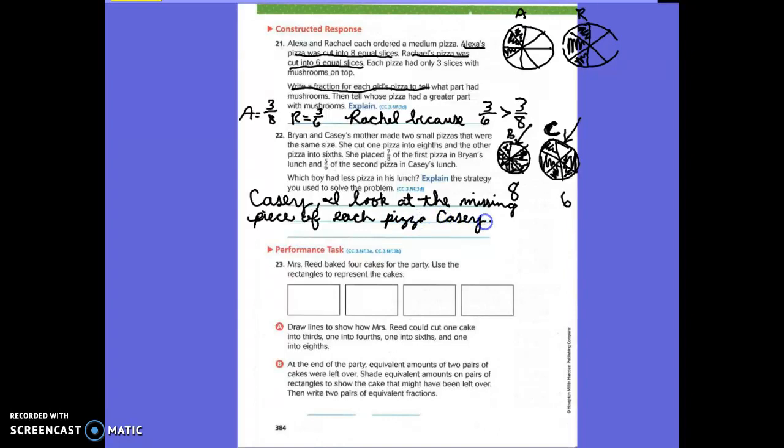Casey is missing a bigger piece. So he got less. Oh, not piece, a bigger piece. So he has less pizza.